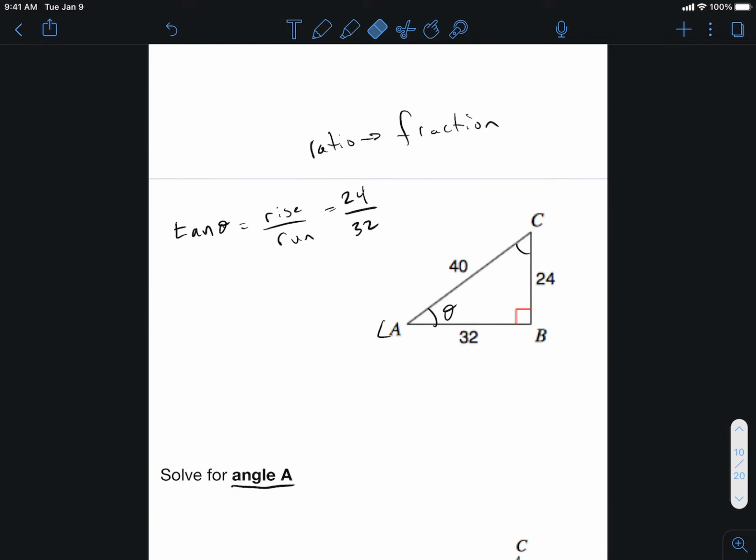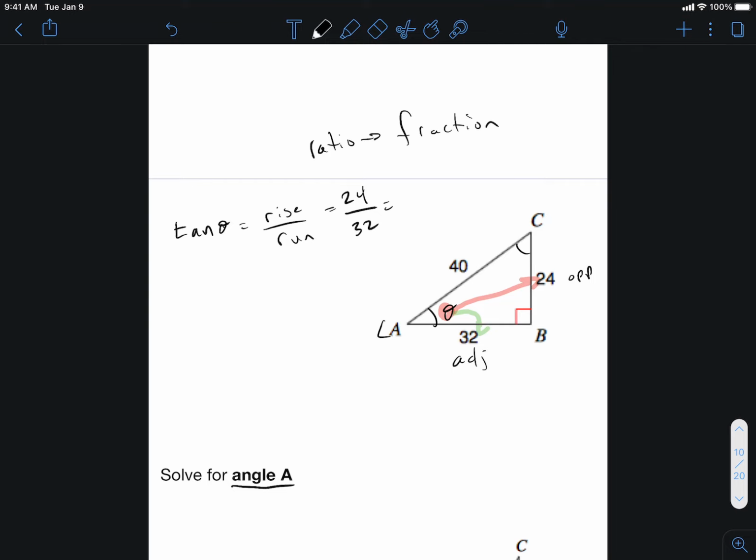But we made the association with 2 new terms. If I'm standing here at angle A, at theta, and I look across, I see the side length opposite of me. And if I'm standing at theta, right beside me is what we call adjacent.